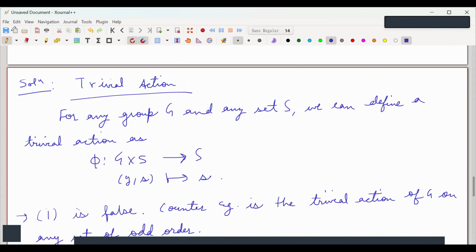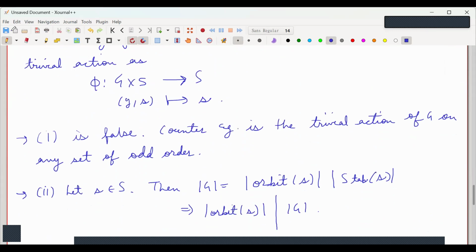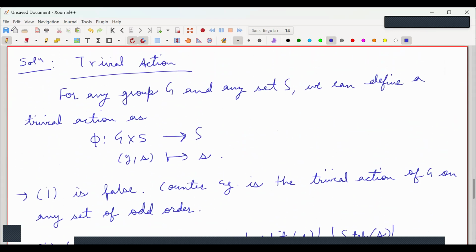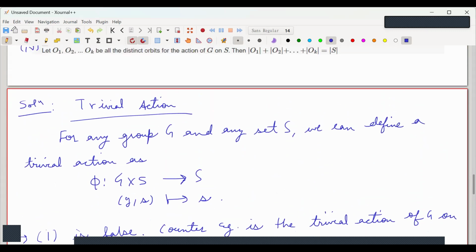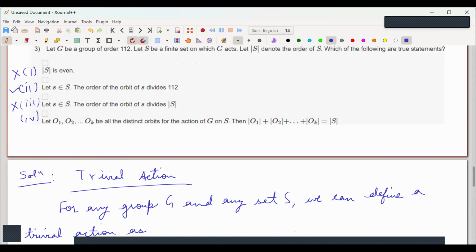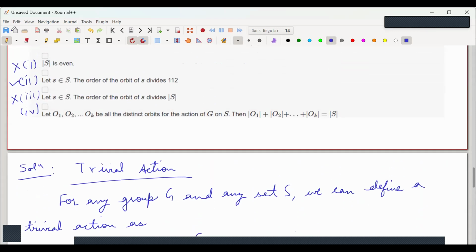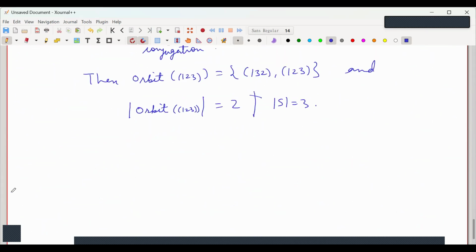We cannot take the trivial action example because in this case, the orbits are singleton sets. So their size will definitely divide the size of S. But here is an exercise.